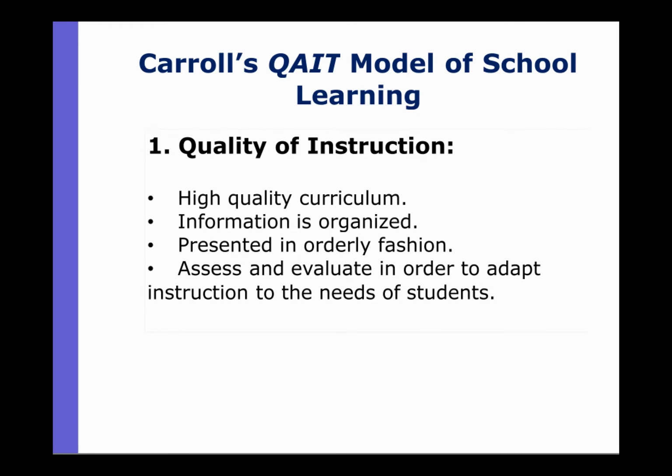So if you look at quality of instruction, it's a high quality curriculum. Our curriculum is based on the Next Generation Sunshine State Standards, or as you read about and should have done a blog about last chapter, the Common Core.